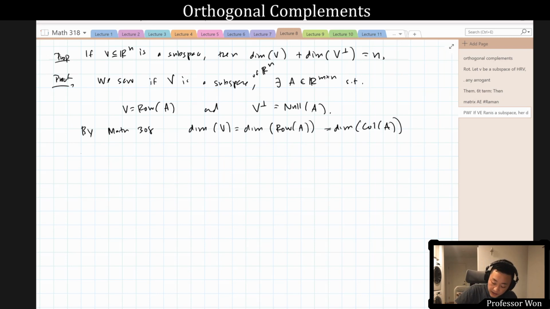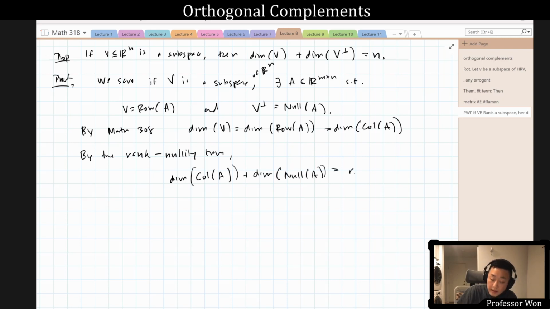And by the rank nullity theorem, the dimension of the column space of A plus the dimension of the null space of A is equal to n. So now, this quantity is just this quantity, which is this quantity.